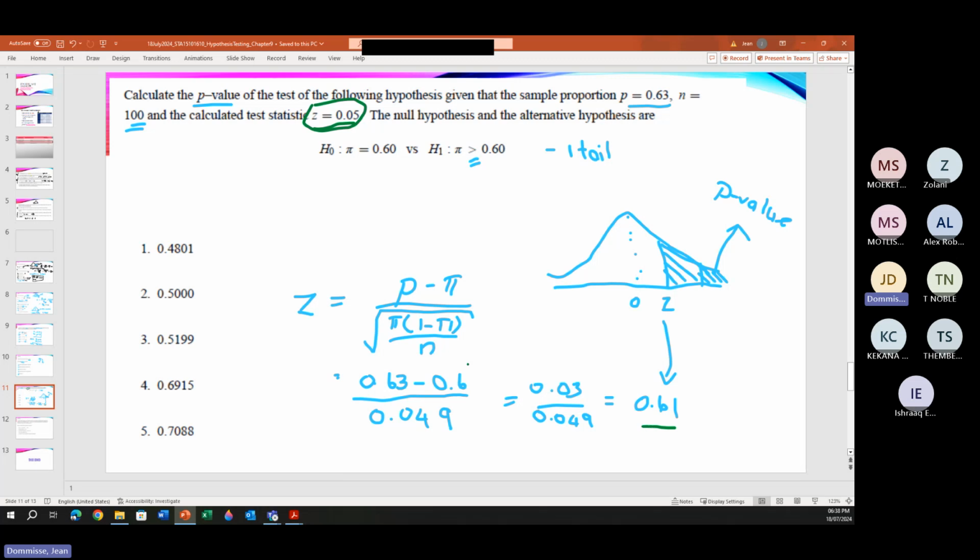So this one that we calculated, even though I think it is correct, they have given us the calculated Z value. Okay, I have not read that correct at all.